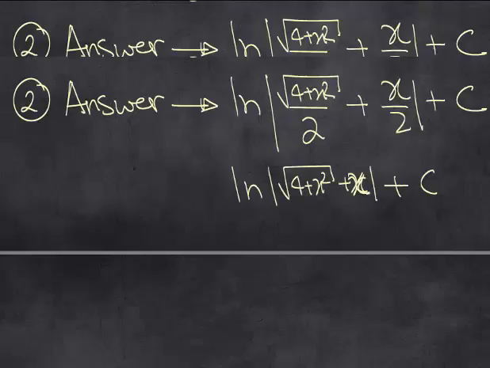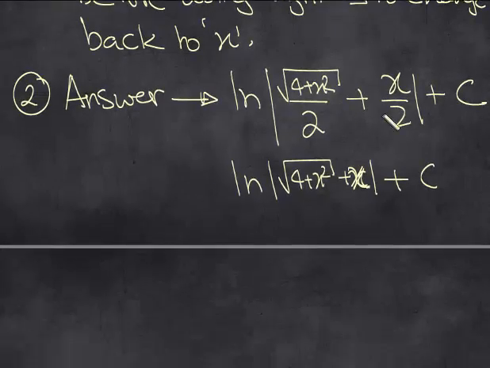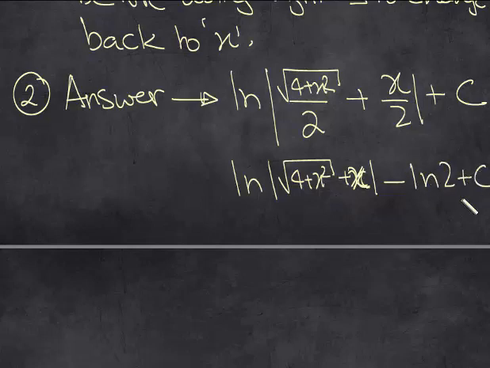So if you do that, then this is what your answer should end up being. So if your answer ends up being that, then use log properties to combine those constants. Everybody understand that?